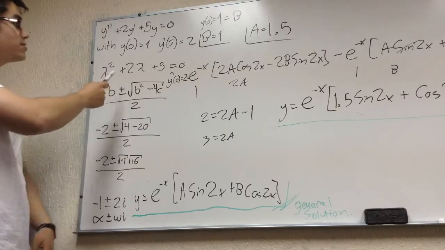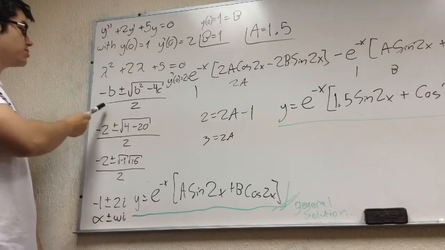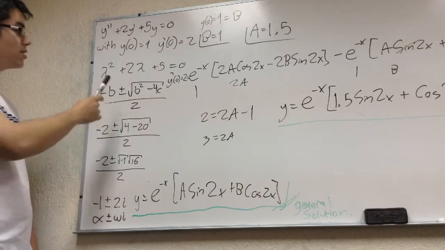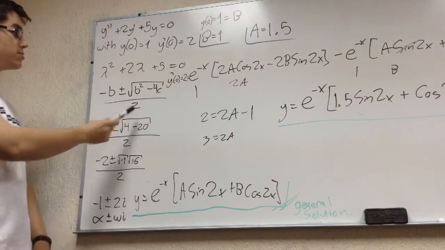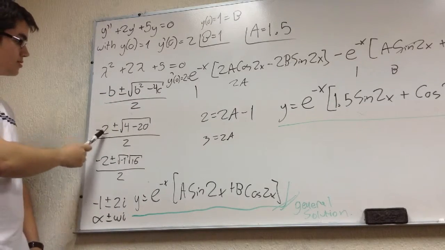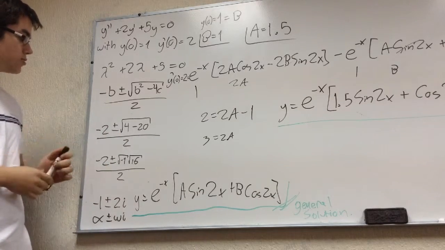To solve this and find the values of lambda, we use the general formula, minus b plus or minus the square root of b squared minus 4c over 2, because a will always be 1. So we have minus 2 plus or minus the square root of 4 minus 20 over 2.